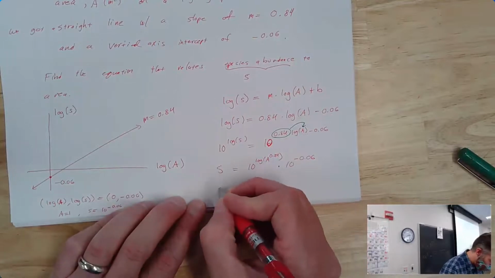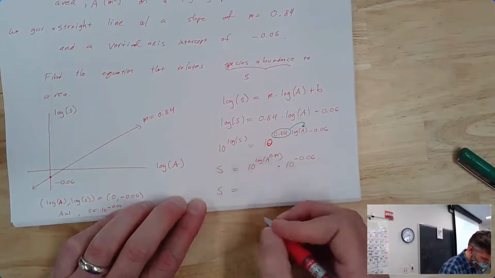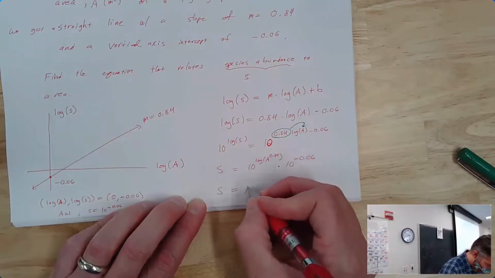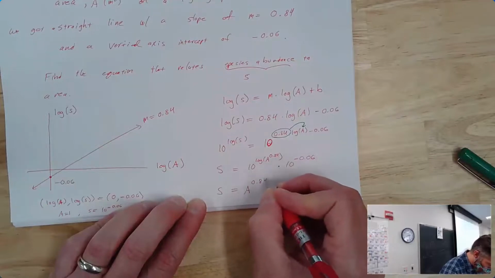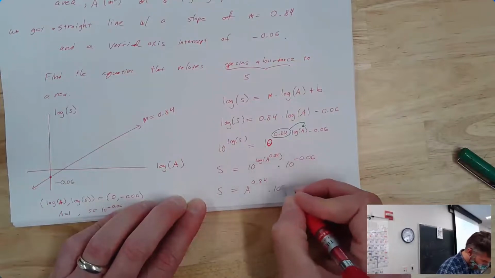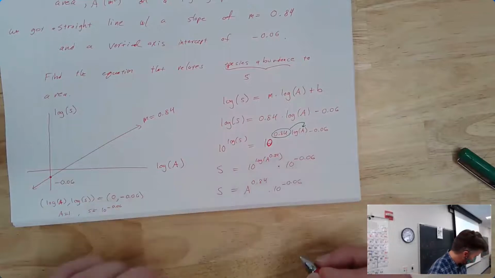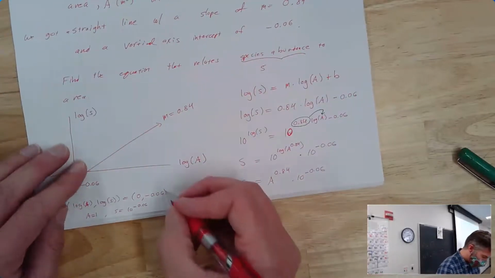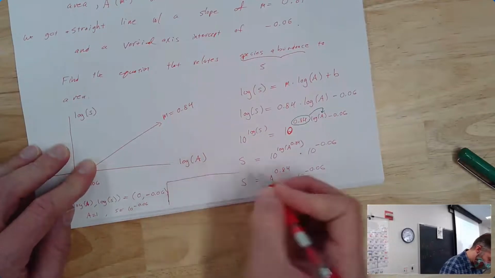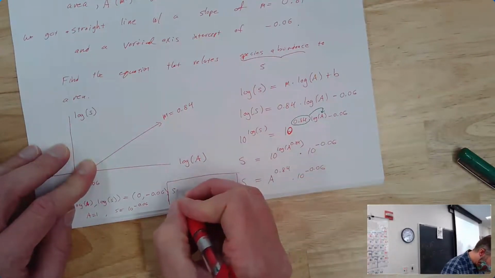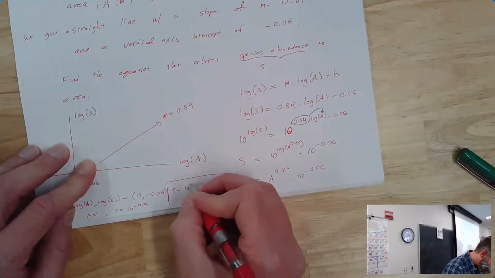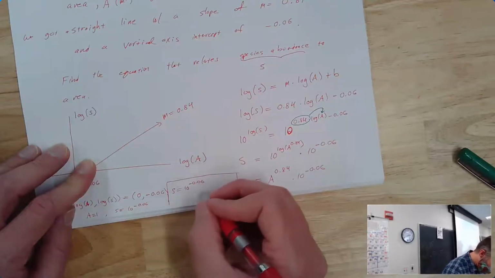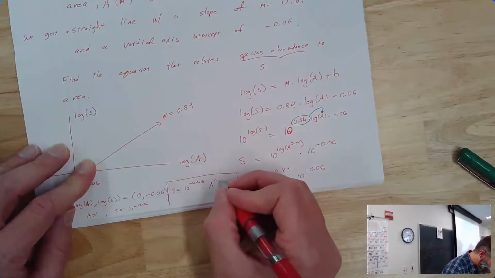So the number of species is just A to the 0.84 times 10 to the negative 0.06. Or as people would probably write it, S equals 10 to the negative 0.06 times A to the 0.84.